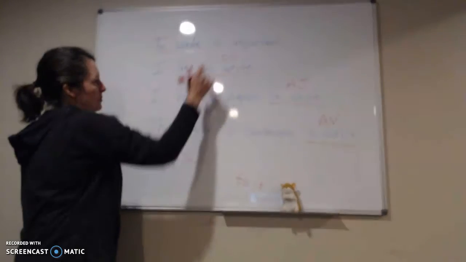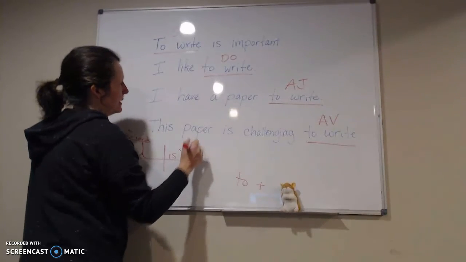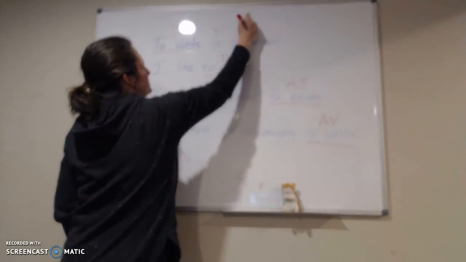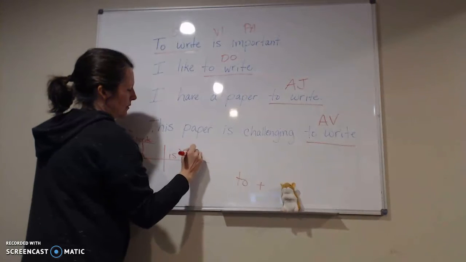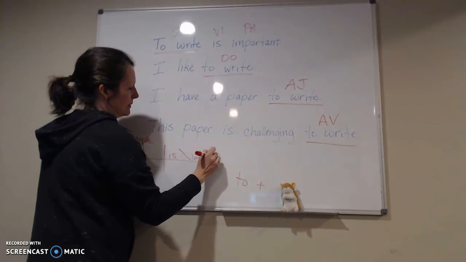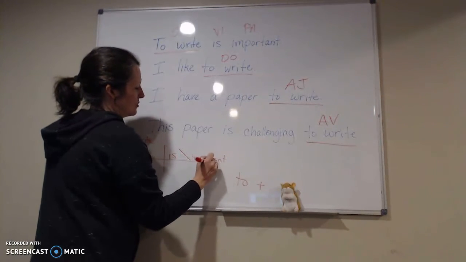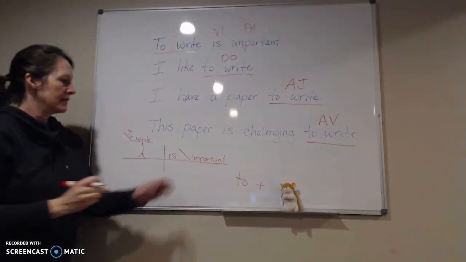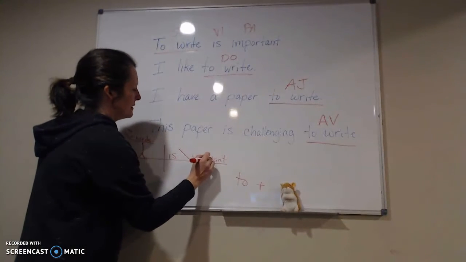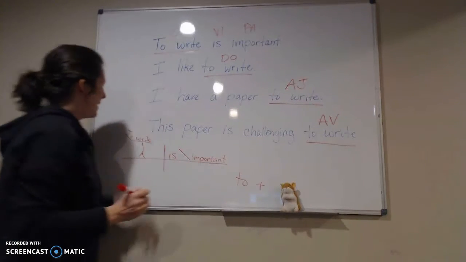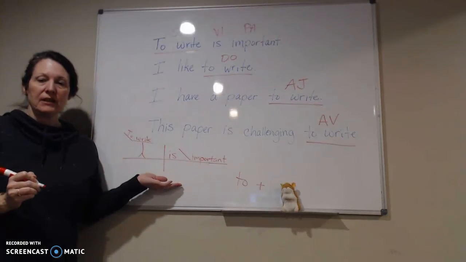And then this is actually a predicate adjective because I have a linking verb. Is what? Important. Important describes to write. So that is an example of how I would diagram this particular sentence.